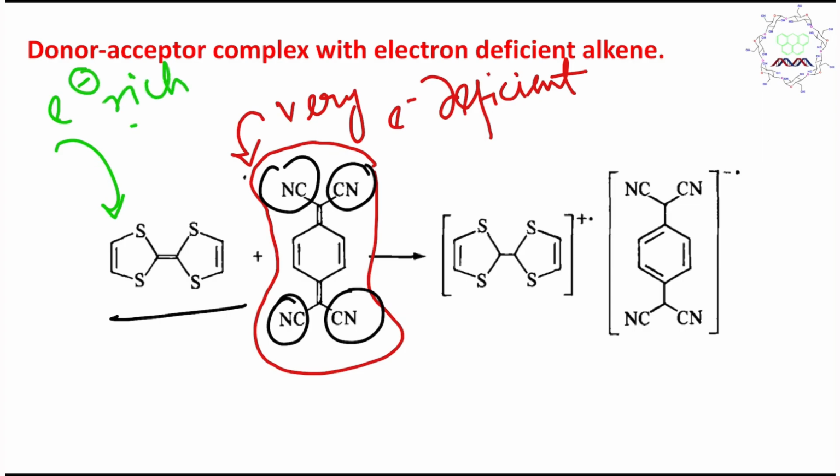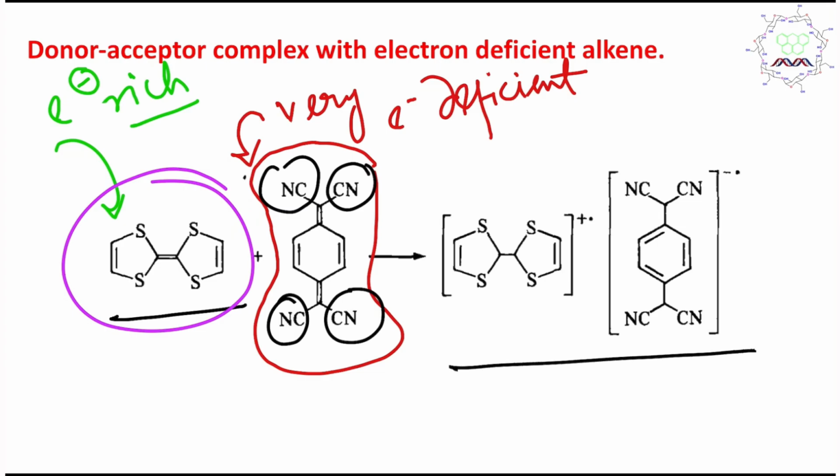So when a rich and a poor species stay together, what happens? The rich gives something to the poor and they both get stabilized, because one has excess electrons and the other has a deficiency of electrons. That's why in their adduct, this part is carrying a radical cation, meaning positive charge. It has given its electron to this moiety, which has the radical anion.